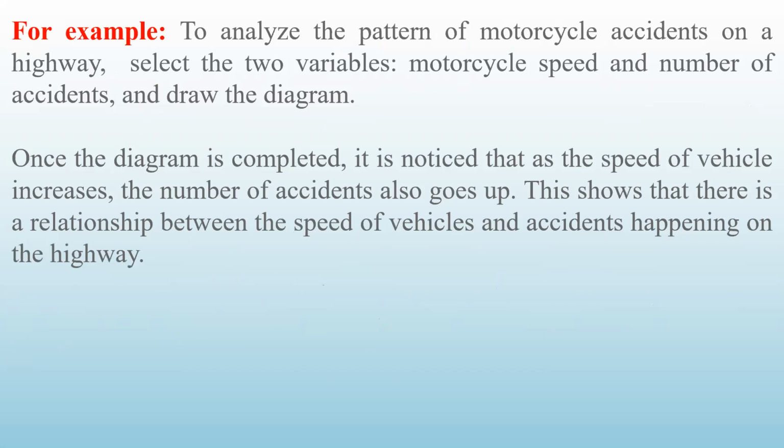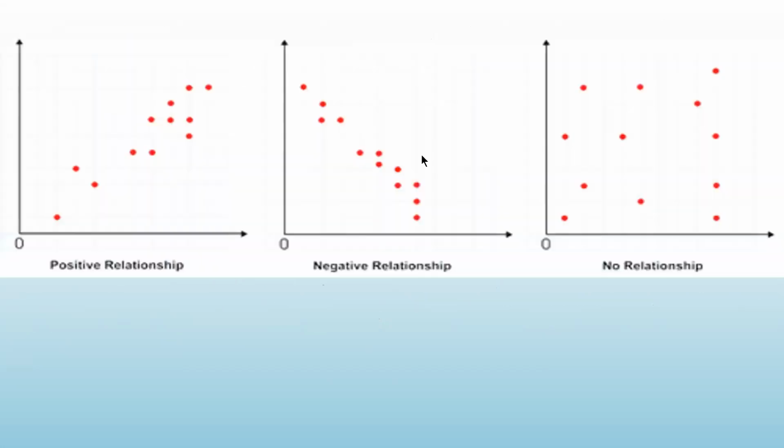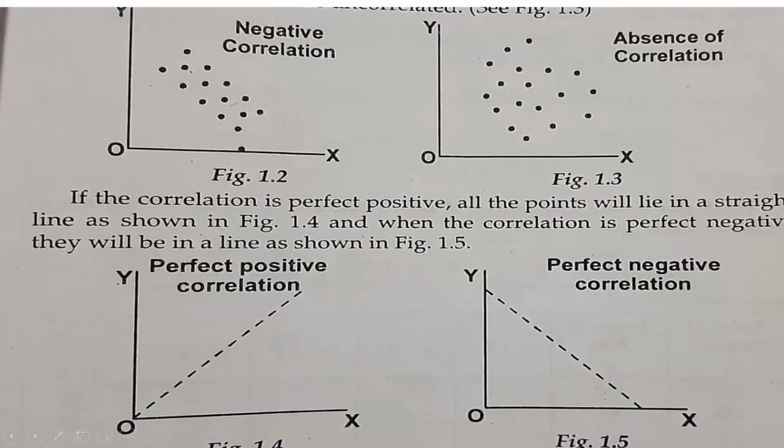Positive correlation will show this type of pattern. Negative correlation will show this type of pattern. And if the points are scattered in a haphazard manner, which do not show any type of pattern, we say there is no correlation between the two variables.